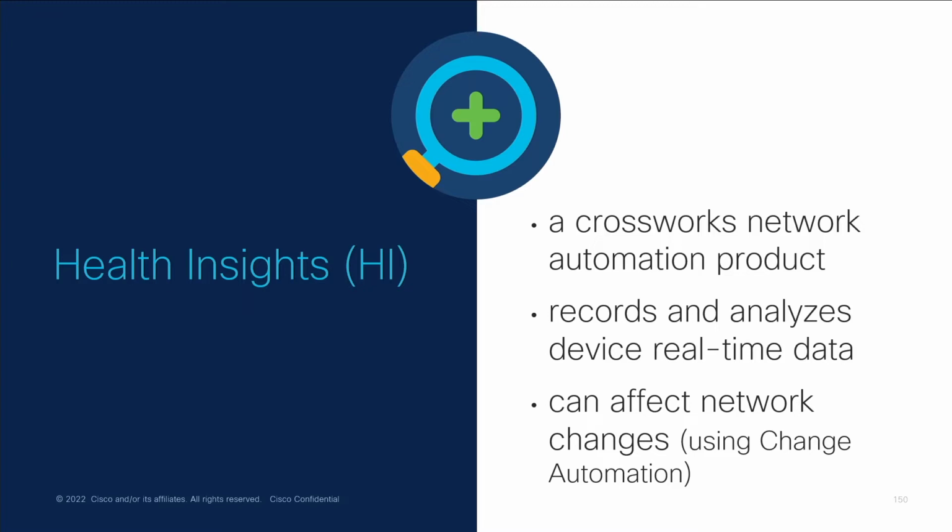So, Health Insights, again, is one of the applications that come with the Crosswork Network Automation Suite. It leverages a time series database to record in real time data from the infrastructure, which is then correlated and analyzed. And in conjunction with the change automation application, it can effect changes in the network, reacting to the issues at hand.